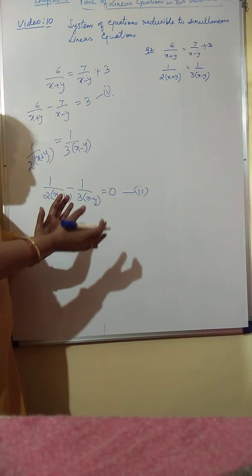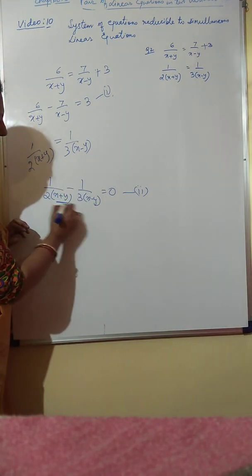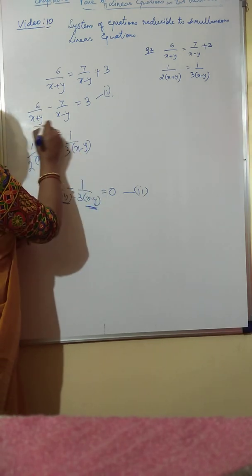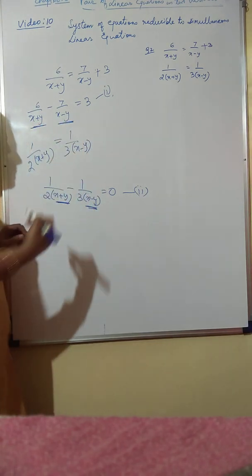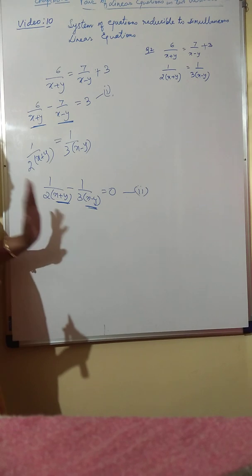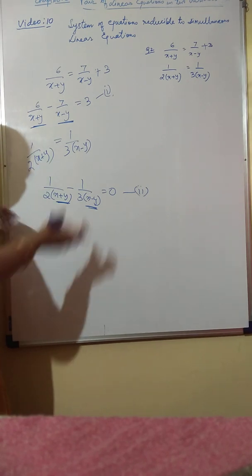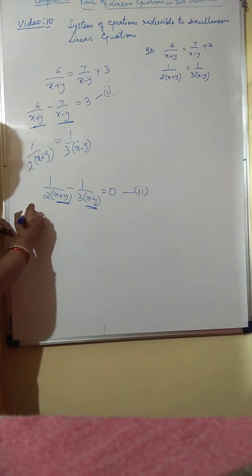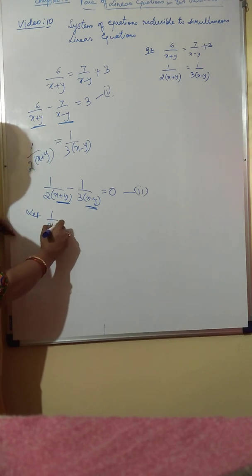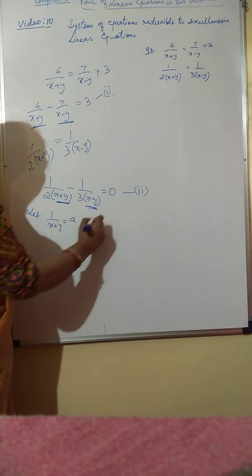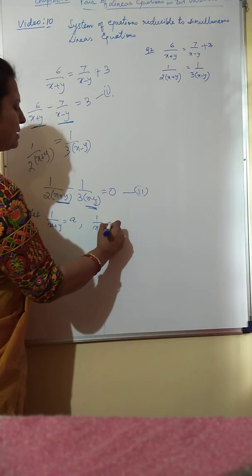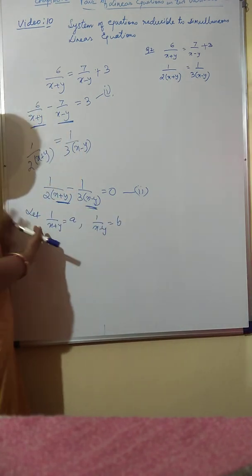But what we see here is that x plus y and x minus y are the variable terms which are common in the denominator. So I start by assuming, let 1 by (x plus y) be equal to a and 1 by (x minus y) be equal to b.